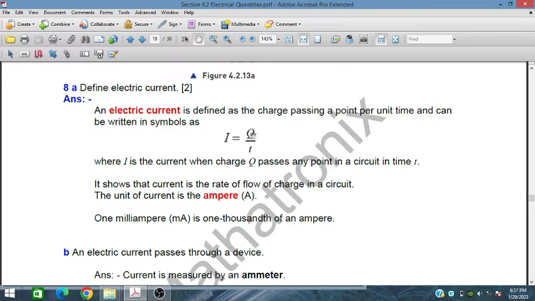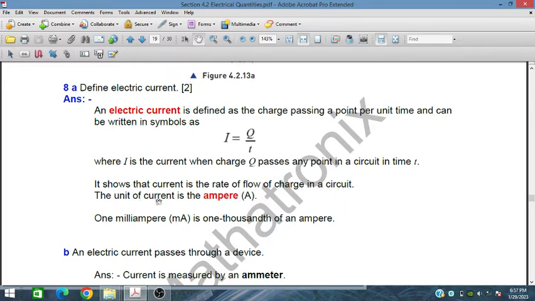It's a flow of charge. This is the charge, with reference to time, so current is the flow of charge in a particular time. Rate of flow means with reference to time.